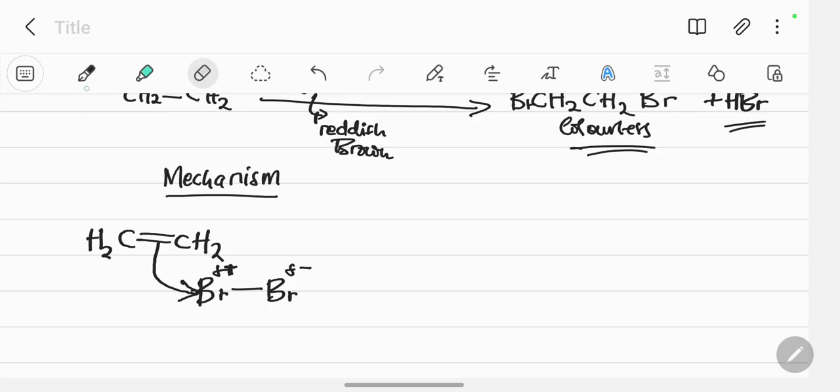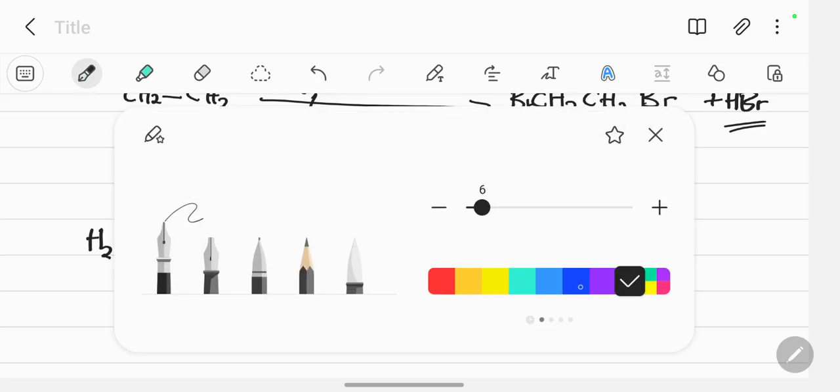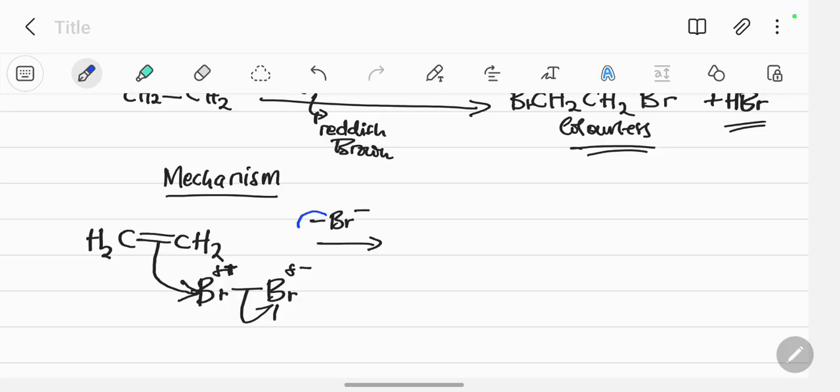Then after you show the attack by this arrow, as the reaction takes place, we break off this bromine and indicate that we've lost it. This arrow behind shows the loss, and this arrow here shows the charge.